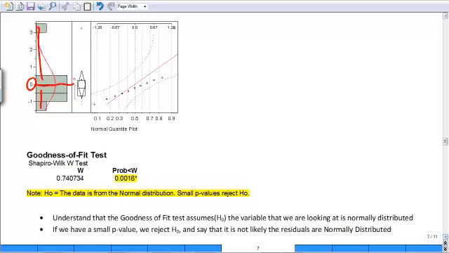Here is 0. The red line that we're looking at is a normal probability density function superimposed on a histogram. And when you compare the histogram to the normal curve, you see that you've got a pretty good mismatch.